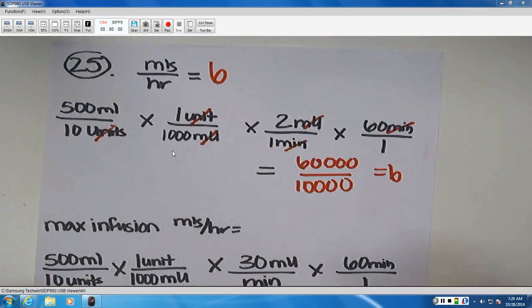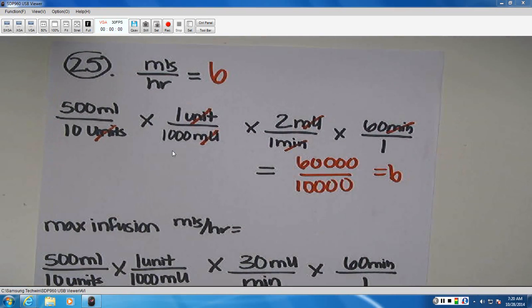So the answer is, again, to kind of tell you what this all means, I want to administer 2 milliunits per minute to my patient. That's what the doctor's ordered. He wants us to give this patient 2 milliunits of Pitocin every minute.